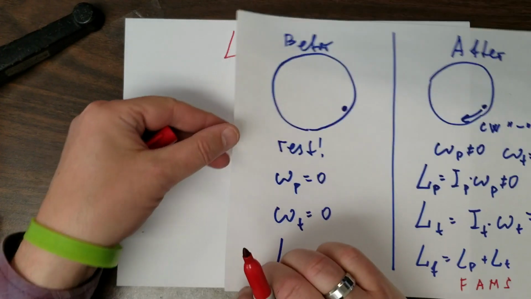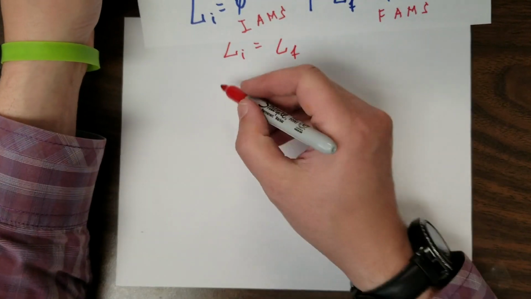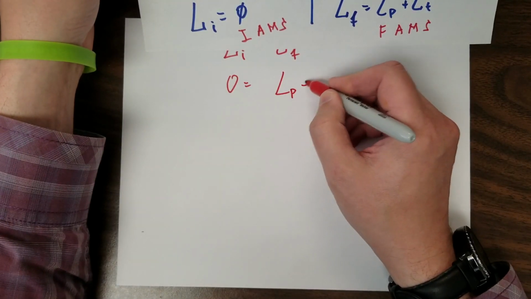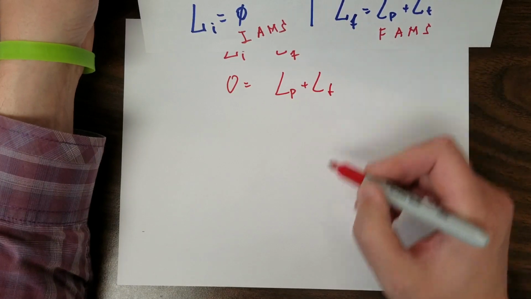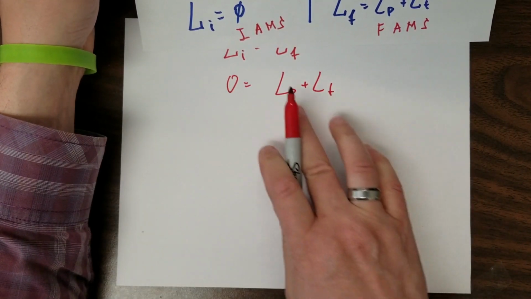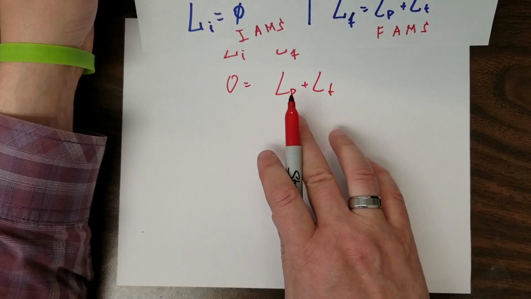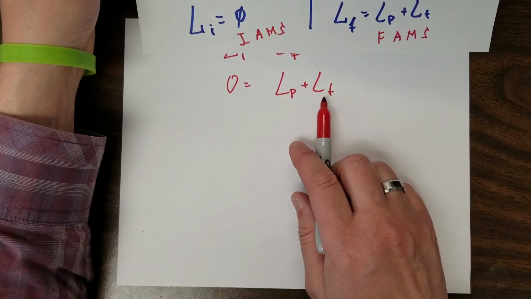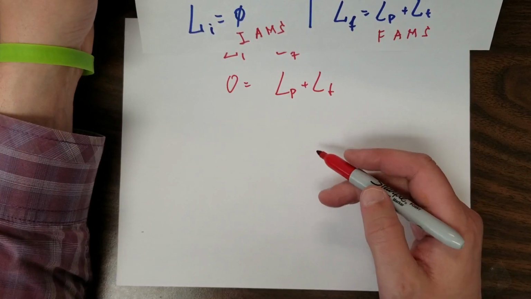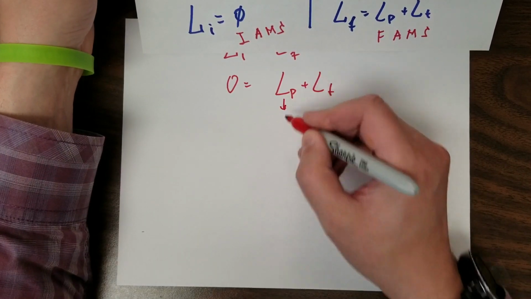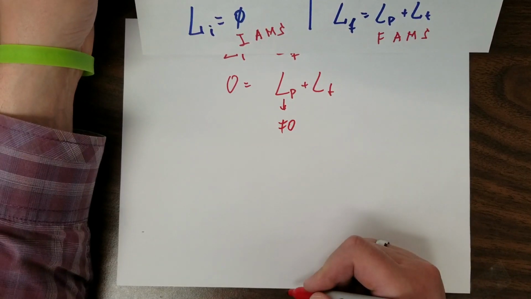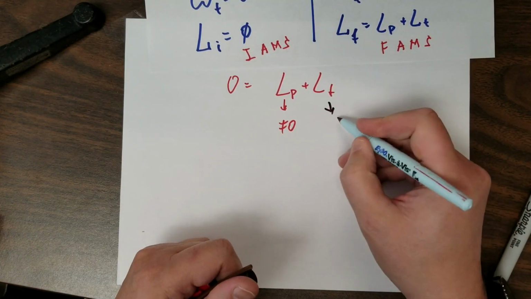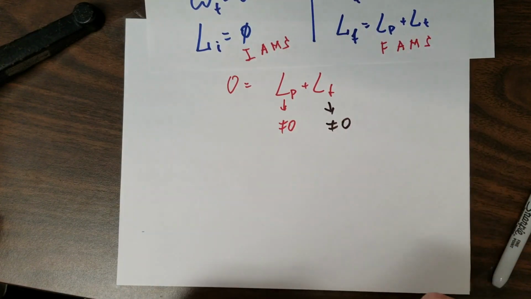But if the initial was 0, that means the final also should be 0, but the final is equal to the sum of angular momentum of the person and angular momentum of the turntable. And this one is not 0, hence this one also cannot be equal to 0.